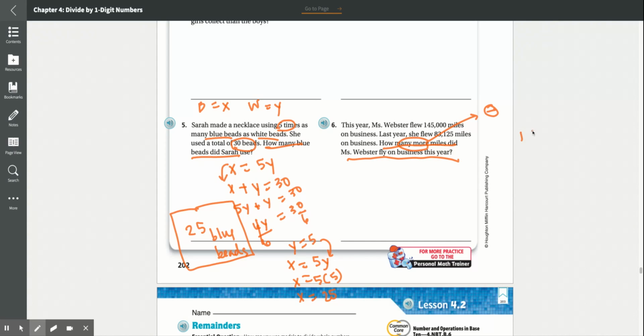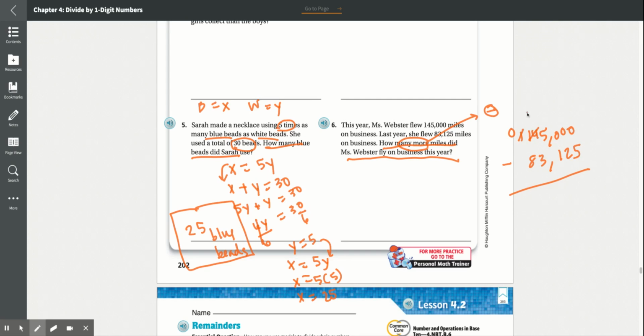So we subtract 145,000 minus 83,125. So we can use this one. Since 4 is less than 8, we borrow from the 1. Now that's 14.